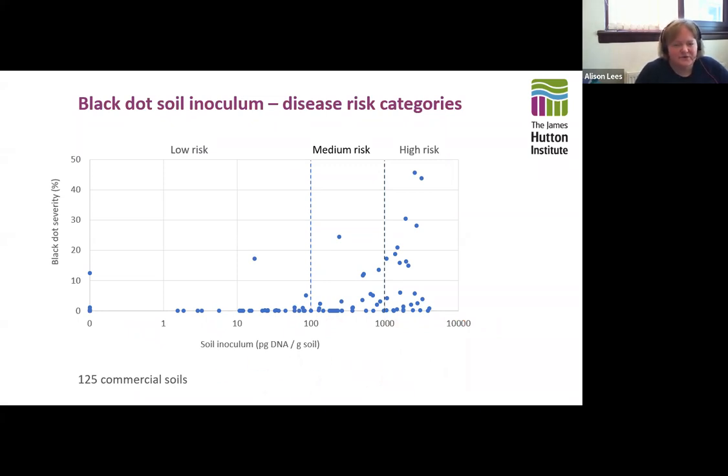Other researchers also did this exercise later in their own countries and also found good relationships, although the levels of pathogen detected and the varietal susceptibility can vary between countries, and the risk categories may have to be modified accordingly.